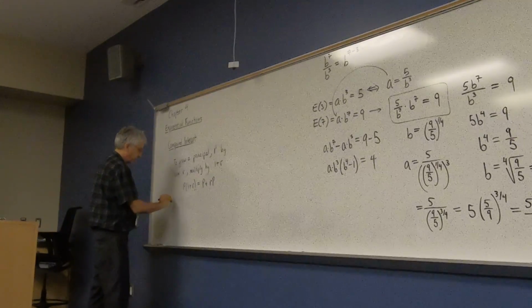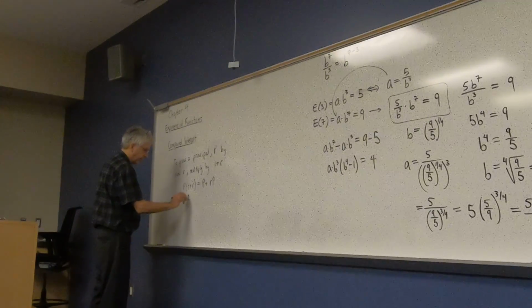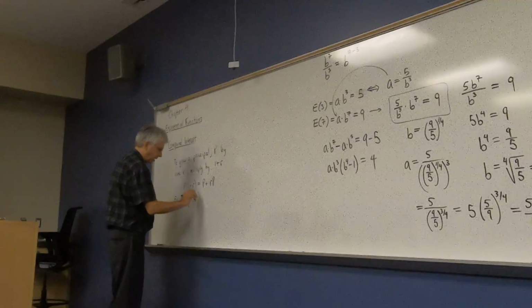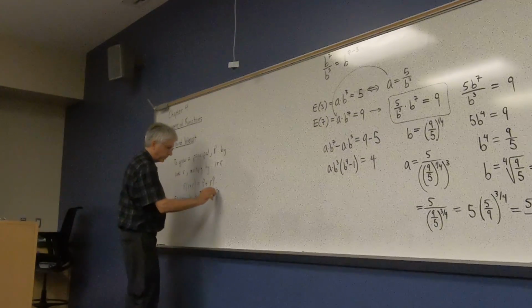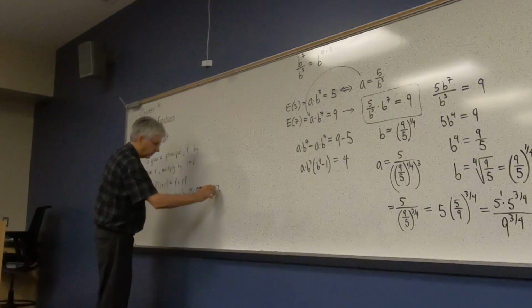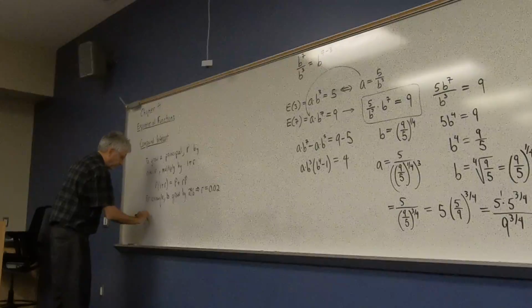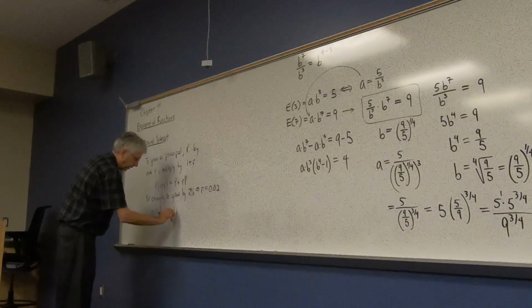So for example, to grow by 2%, that implies R is 0.02, right? Multiply by 1.02.